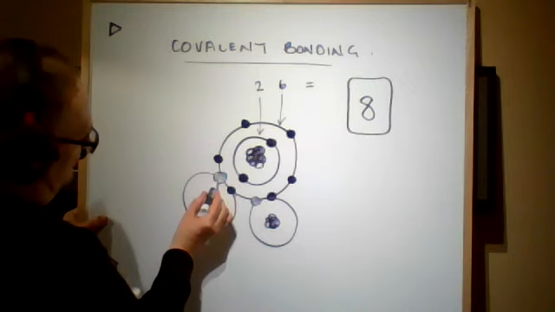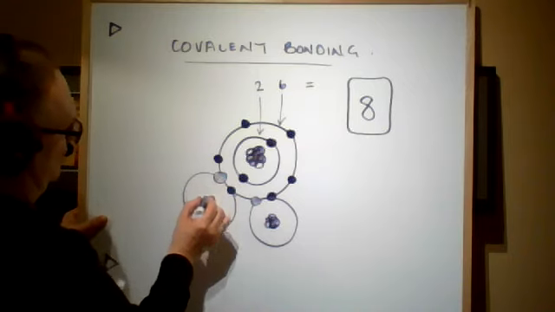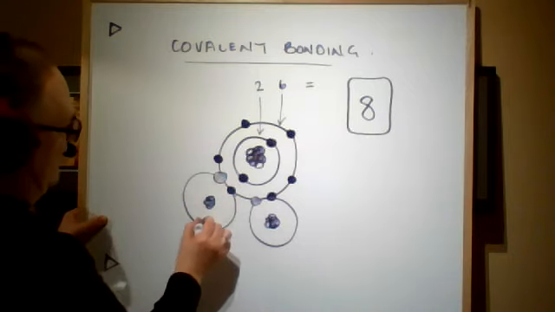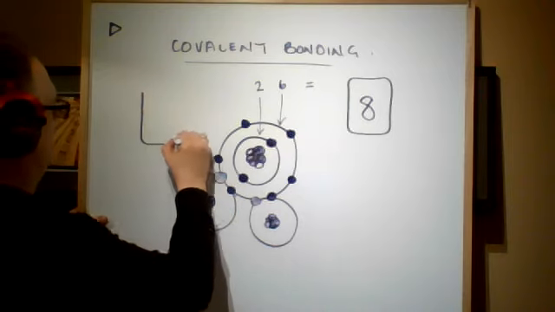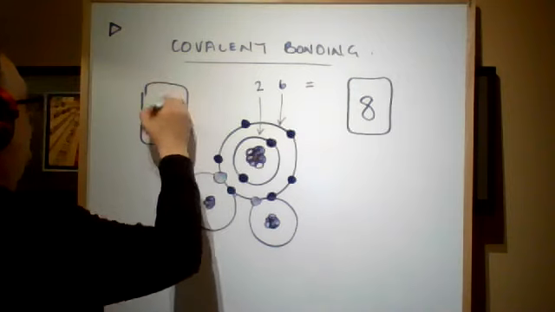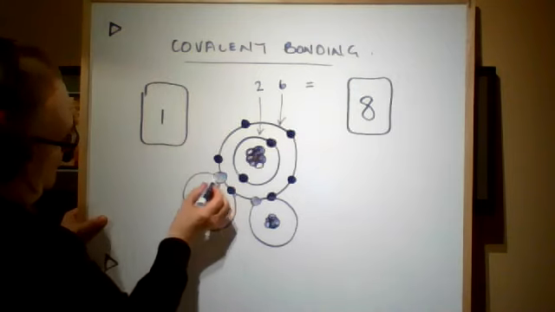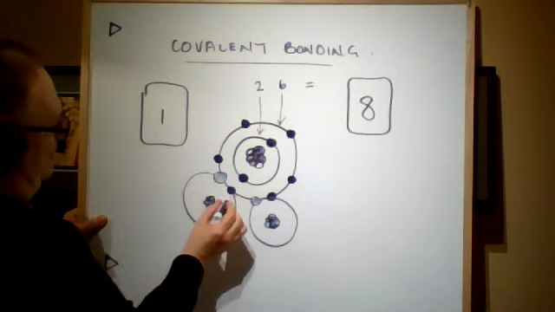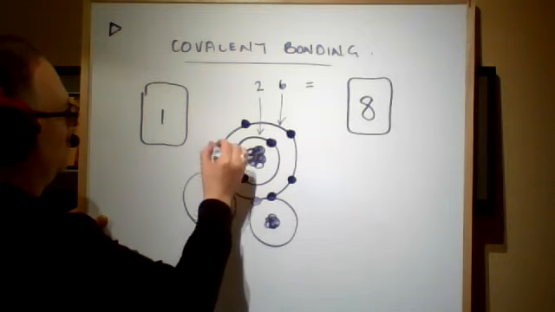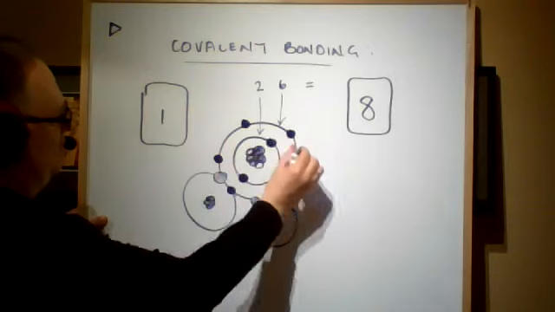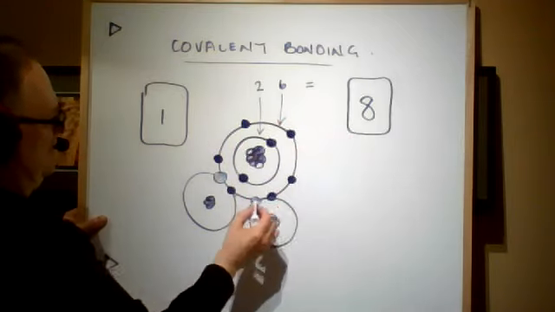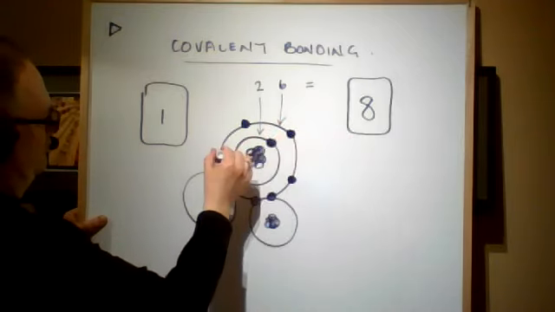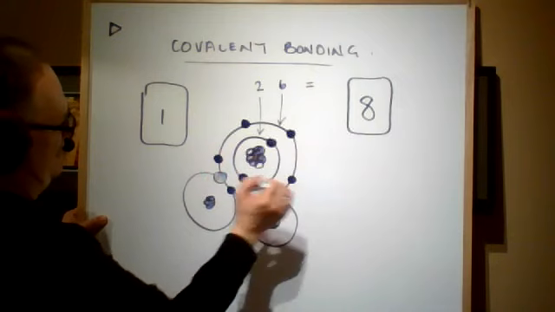This single electron, which is all that this element has, it only has 1. And that 1 is right there. What it does is share part-time into the valence of this element, making it a total of 8. 1, 2, 3, 4, 5, 6, 7, 8.